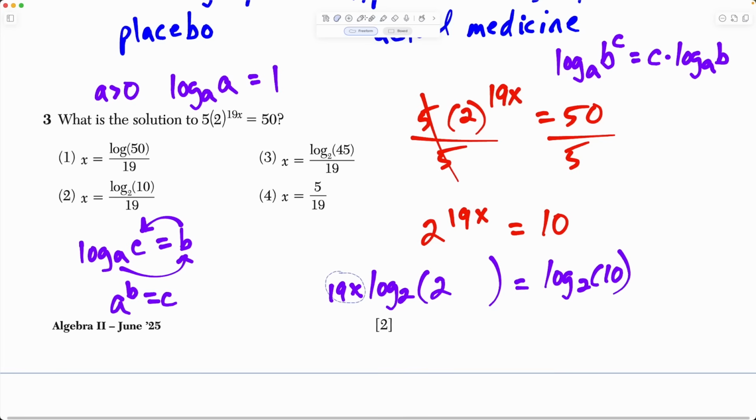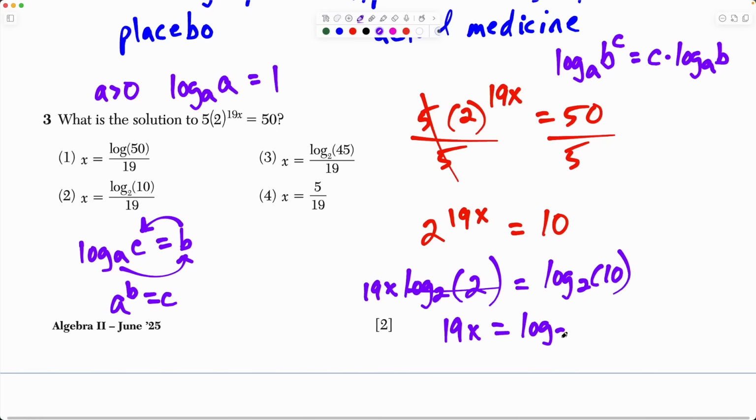Then we'll just squeeze all this together: log base 2 of 2 just cancels out as equal to 1 using this nice property. And now we have 19x equals log base 2 of 10, and we just divide both sides by 19.